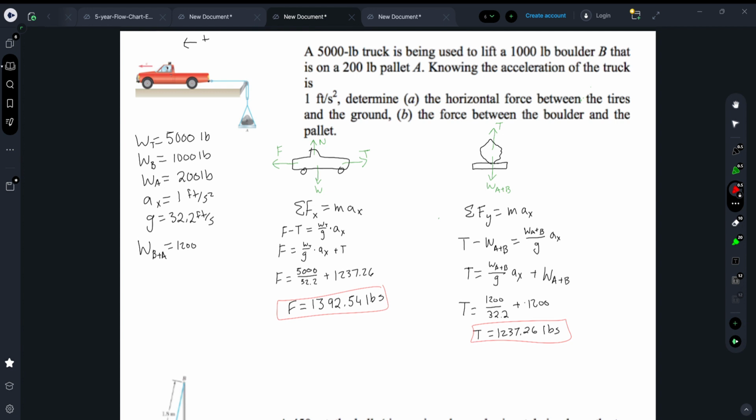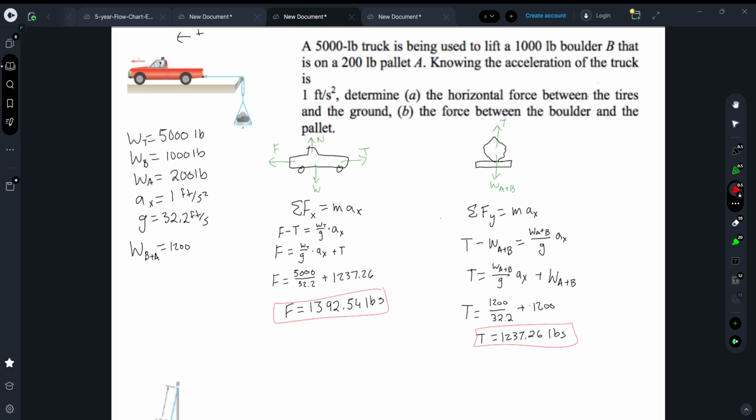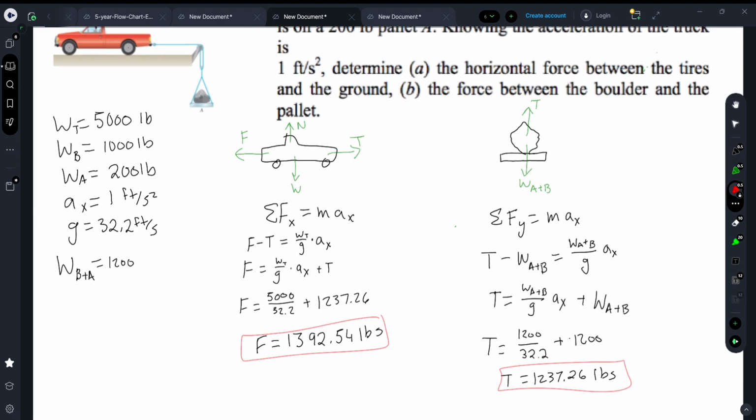A 500-pound truck. Yeah. So this one, again, I drew my free body diagram. And I'm pretty sure the solutions manual is wrong, so I just ignored the solutions manual. So sum of the forces in the x direction equals ma.